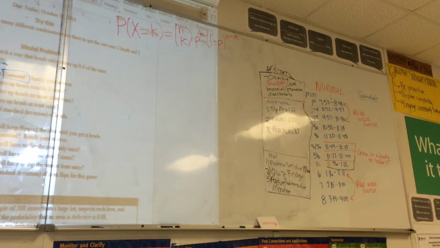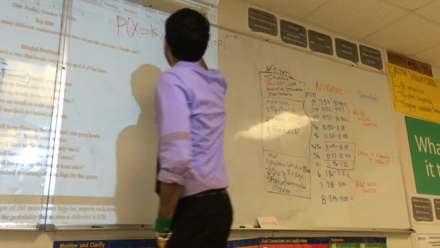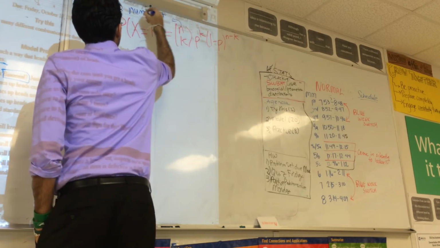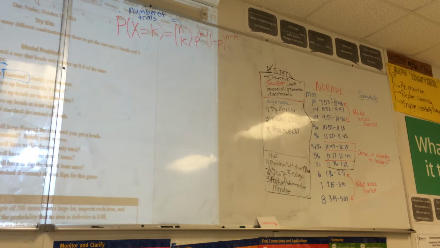So what the heck does this mean? Probably a lot of people are unsure. Well, let's find out. The n is the number of trials. n is the number of trials. k is the number of successes.